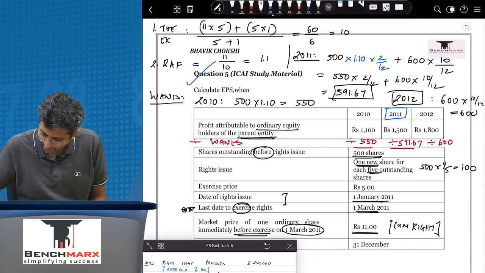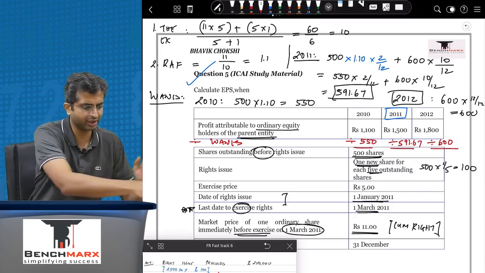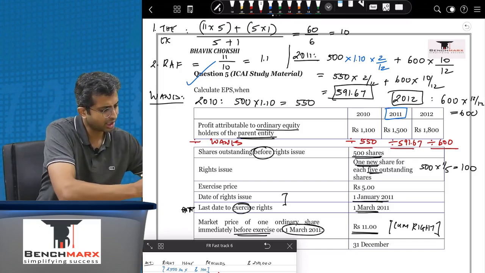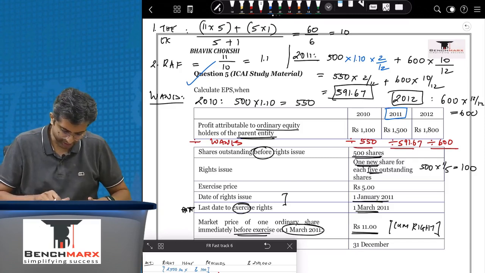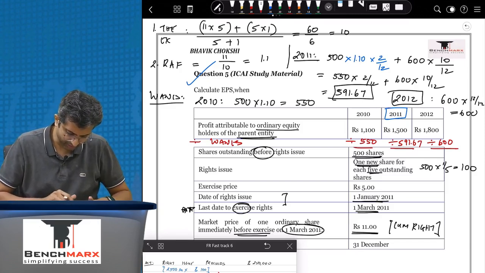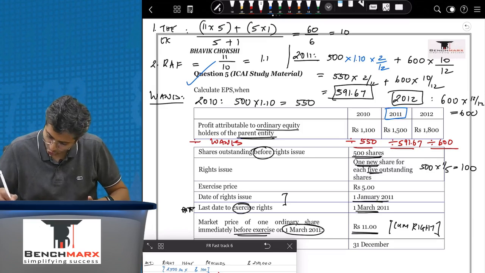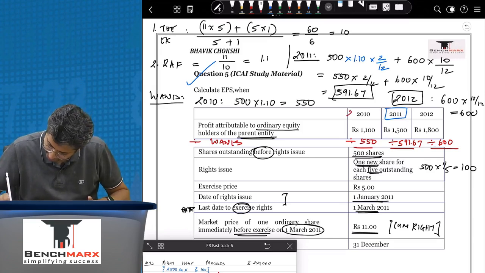Let me just verify this once. So this will be 1100 divided by 550, which comes to 2 rupees. So basic EPS is 2.